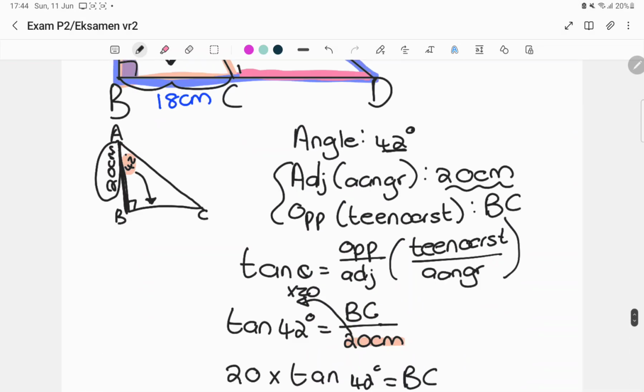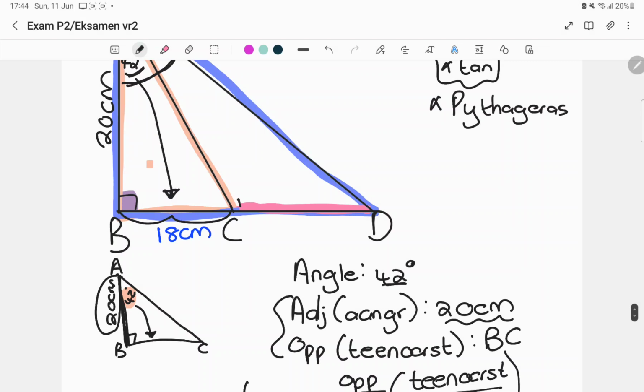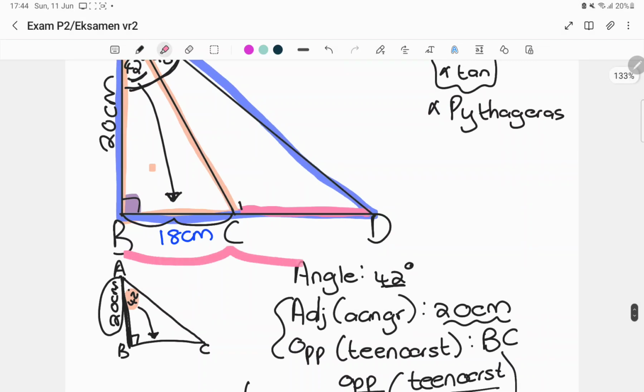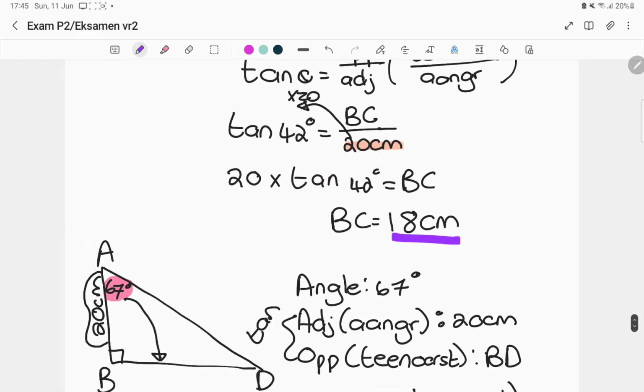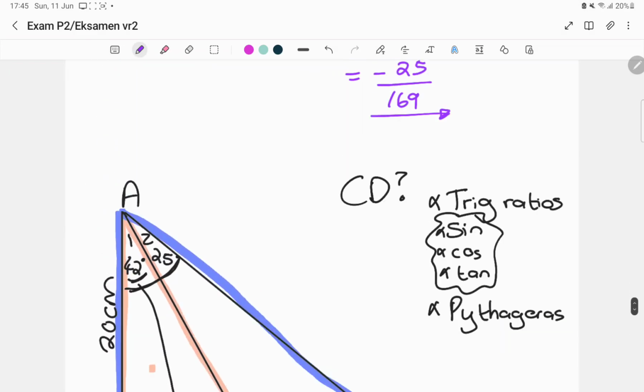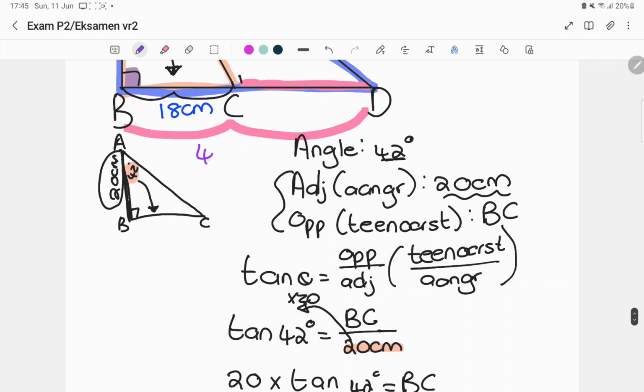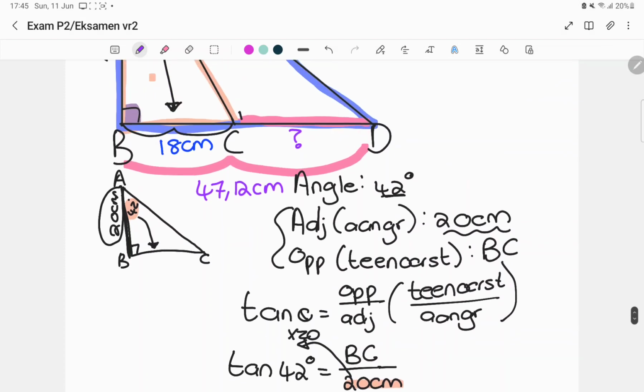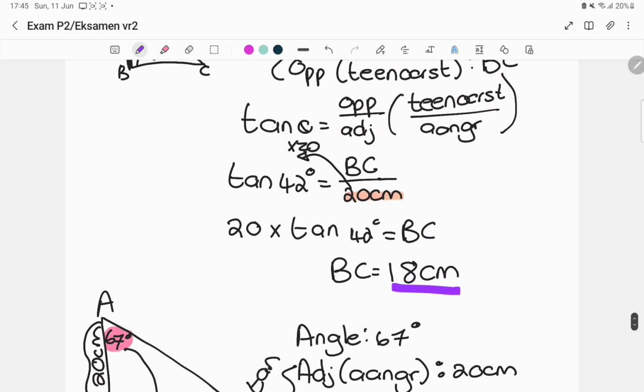Now I have an entire length here. I have this entire side, and I know that it is 47,12 centimeters. If I only want this part, I only want CD, I'm going to take my 47 and minus it with the 18.